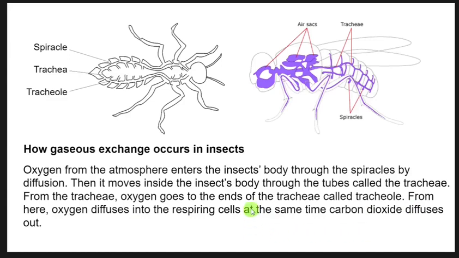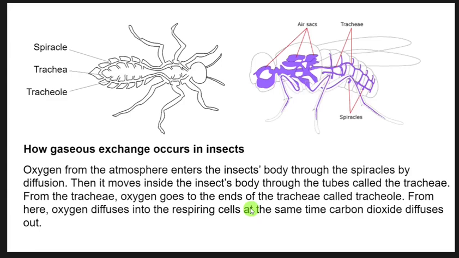So now I've explained the process of gaseous exchange in insects, in which oxygen enters the body of an insect through the opening called the spiracle, and then it moves through the tubes in the body of an insect, called the trachea.